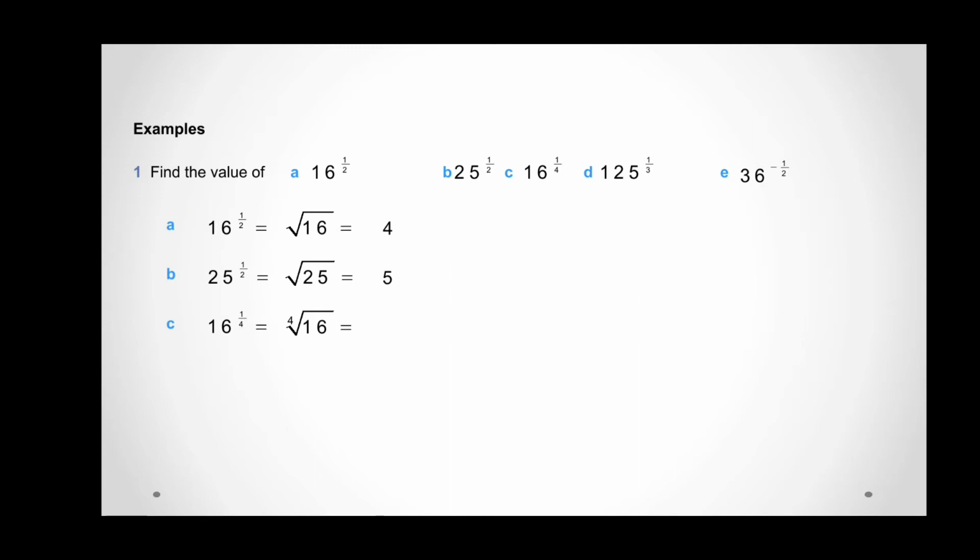You can type that in your calculator, then it gives the answer as 2. Then 125 to the power 1 over 3 means cube root of 125. So that's equal to 5. 36 to the power minus half you can write as 1 over 36 to the power plus half. That means 1 over square root of 36, that means 1 over 6.